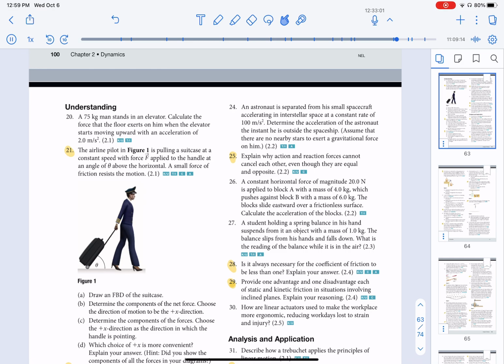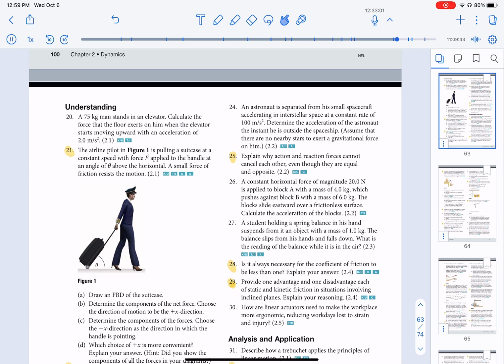Is it 31? 31.5. The answer's 31.5, isn't it? Yeah, because it's an action-reaction pair. There's no mass there, I don't think. So if it's pulling it with the force of 31.5 newtons, then the reaction force on the rope should be the same, unless I'm missing something.